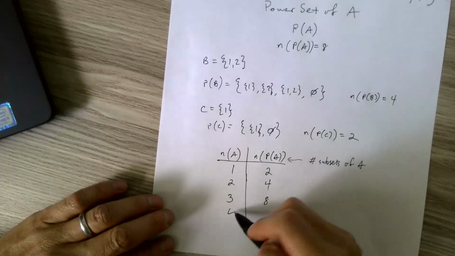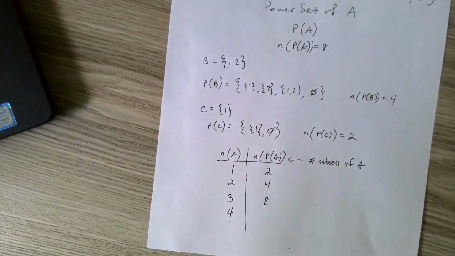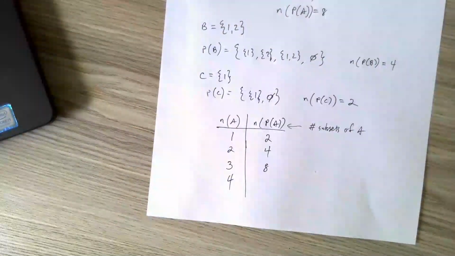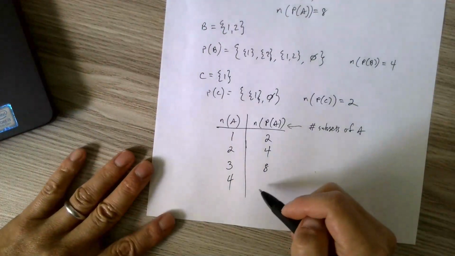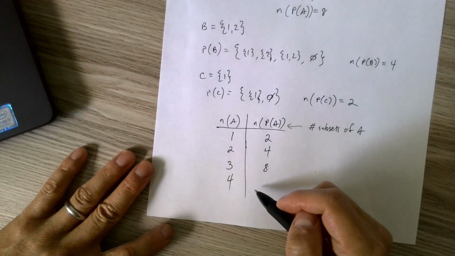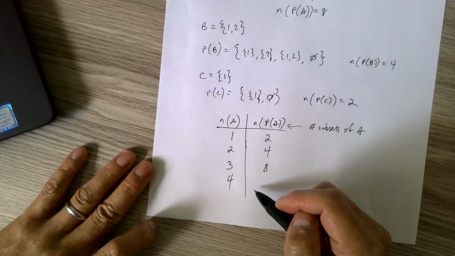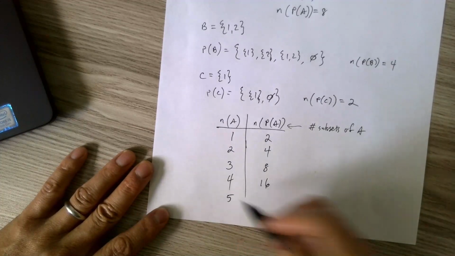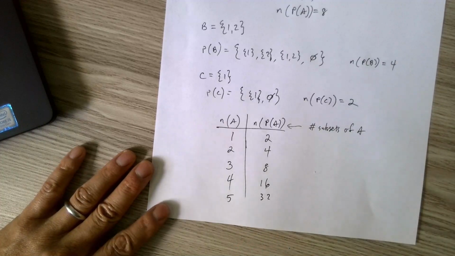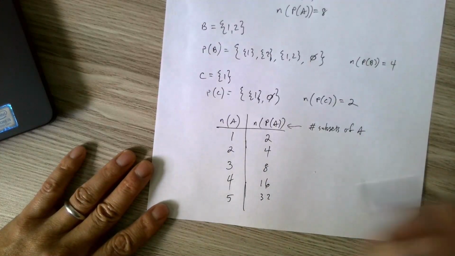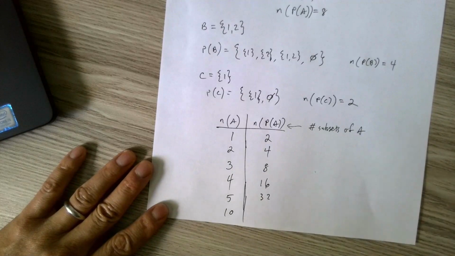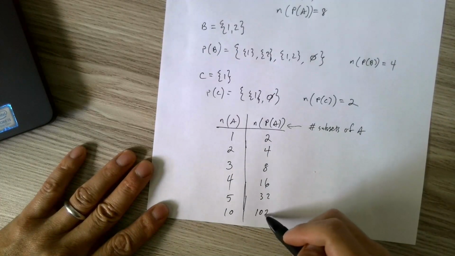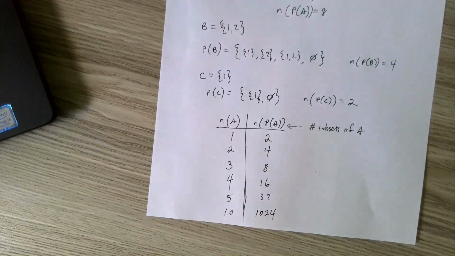And I didn't do 4, but by now you should see there's a pattern forming. And if I had written out all the subsets of a set containing 4 elements, I would have had 16. And 5, I would have had 32. And 10, I would have had to list out 1,024 subsets.